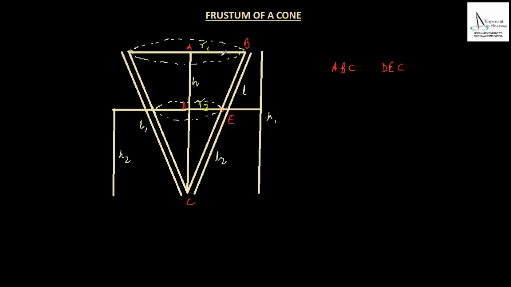Now if you look at angle A and angle D, both are perpendicular to the radius, so those are going to be 90 degrees. If you look at angle C, that is going to be same in both the triangles. So if two angles of a triangle are equal, then they are said to be similar triangles. So therefore triangle ABC is going to be similar to triangle DEC.